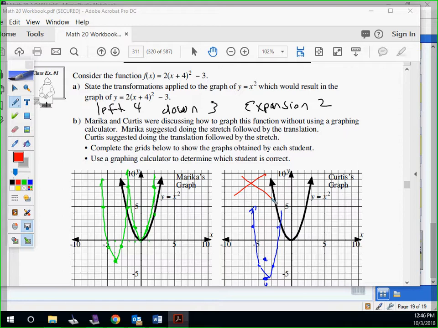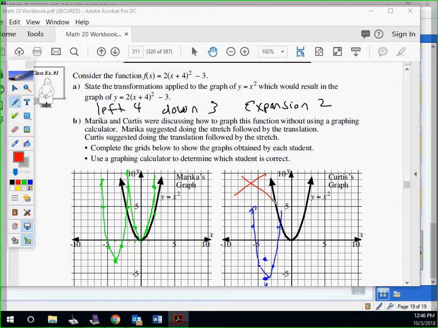They could. Okay, so Brett, you're saying it pretty close. So what Brett's saying is that he moved the original, then stretched it, rather than move the stretched.